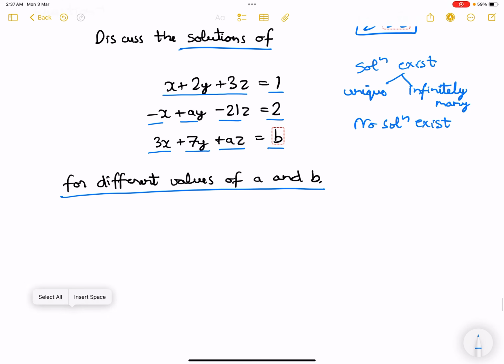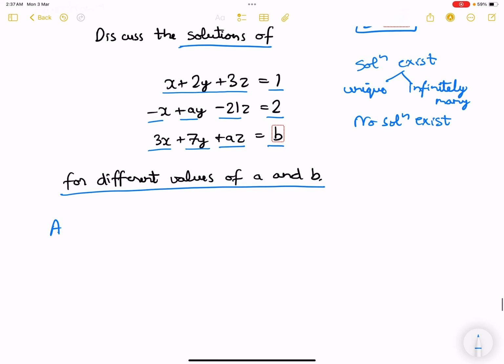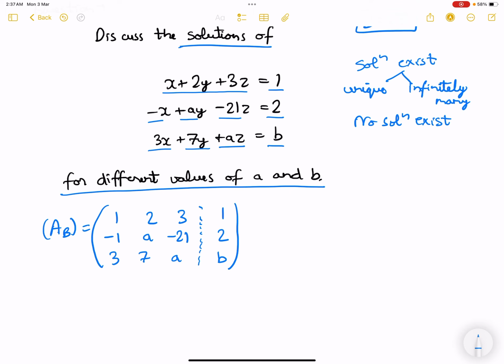Okay. Now what we have seen is the A augmented B matrix. This can be written as 1, 2, 3 augmented 1; minus 1, a, minus 21, then 2; 3, 7, a and b. So this is the A augmented B matrix.